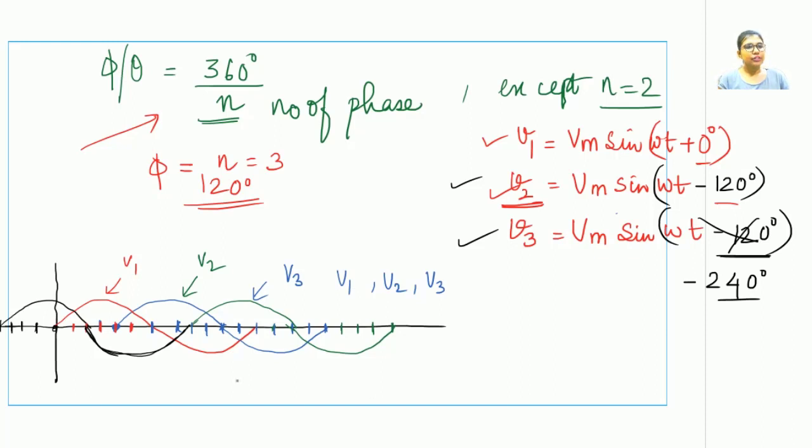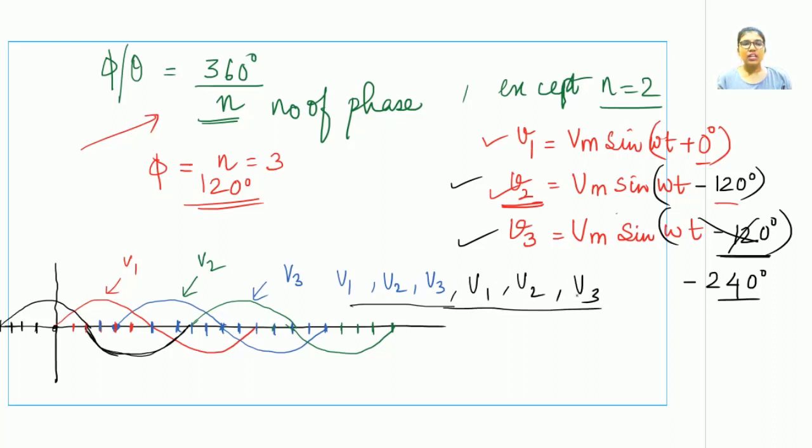What have I done here? I have extended this third waveform towards the negative half of the x-axis. Once the generator starts generating these waveforms, at a particular instant of time, this is the order which they maintain. What is the order? V1, V2, V3, V1, V2, V3.